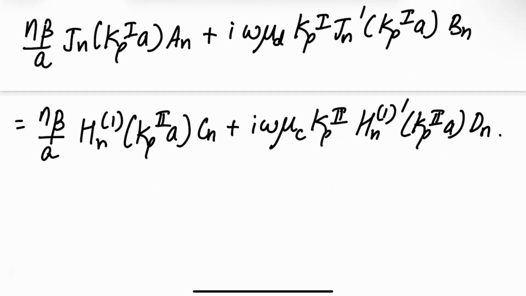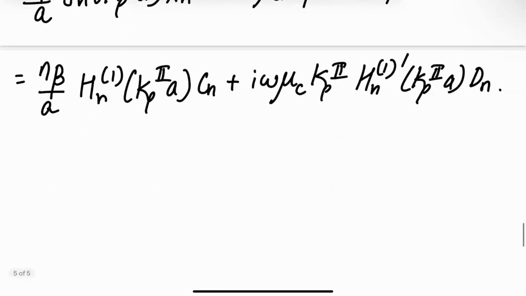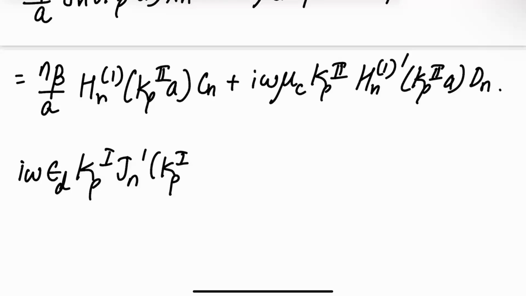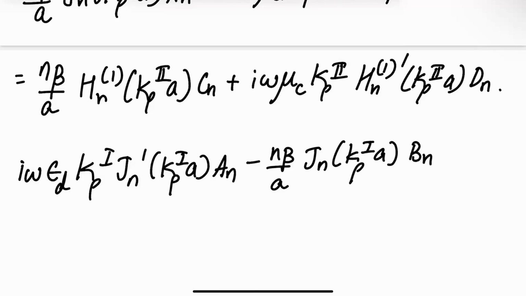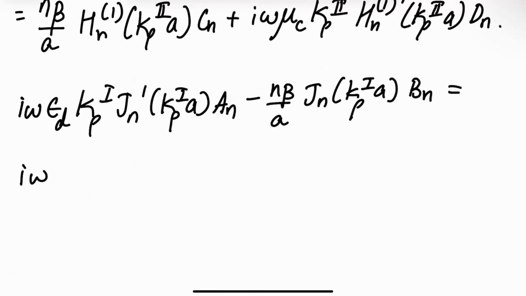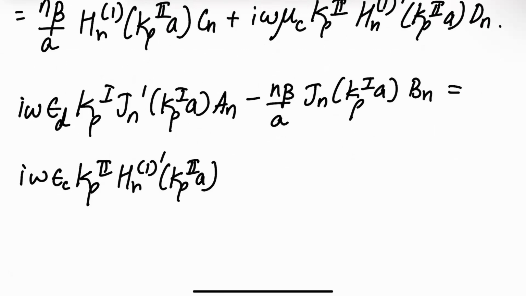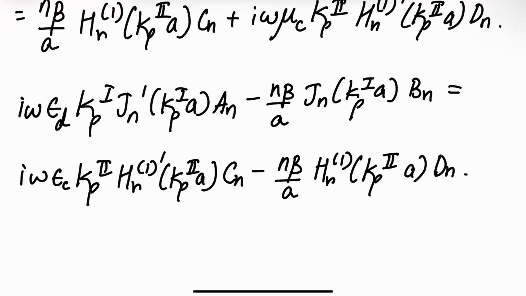And then equating the magnetic fields, we get i omega epsilon_D, k_rho1, J_n prime(k_rho1 a), A_n, minus n beta over a, J_n(k_rho1 a), B_n, is equal to i omega epsilon_C, k_rho2, H_n^(1) prime of (k_rho2 a), C_n, minus n beta over a, H_n^(1)(k_rho2 a), D_n.